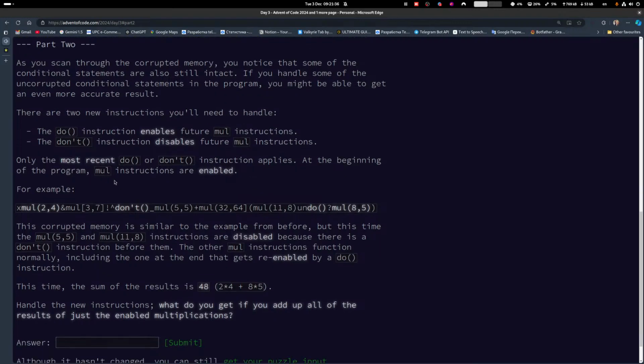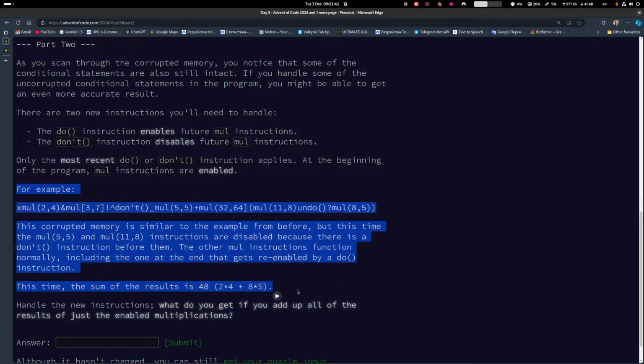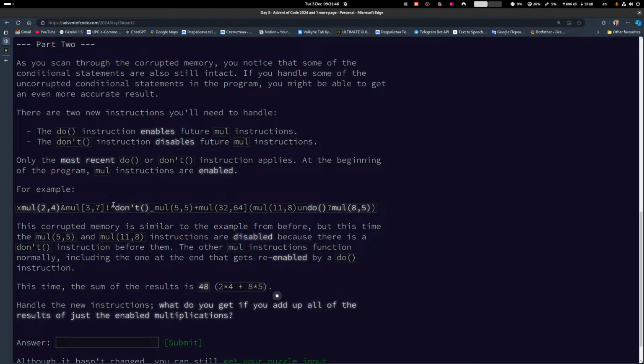All right. Oh, that's interesting. I would like to figure it out myself, but this is not what we're doing for now. For example, x mul(2,4) and mul then don't(), mul(5,5), so mul(32,64), mul(11,8) undo() mul(8,5).